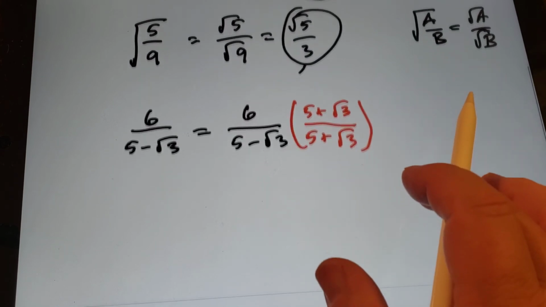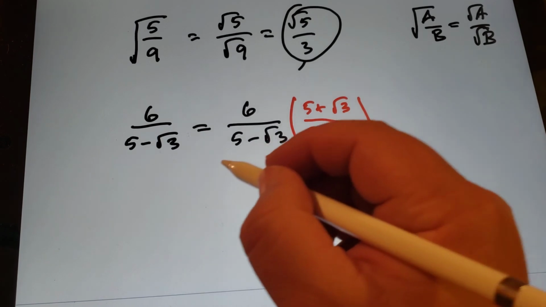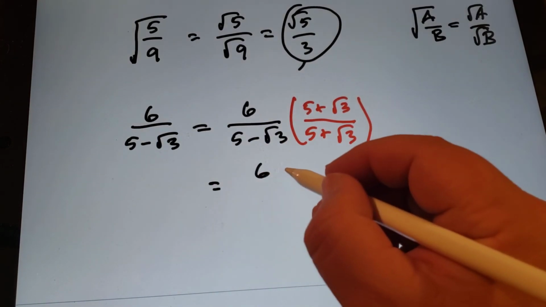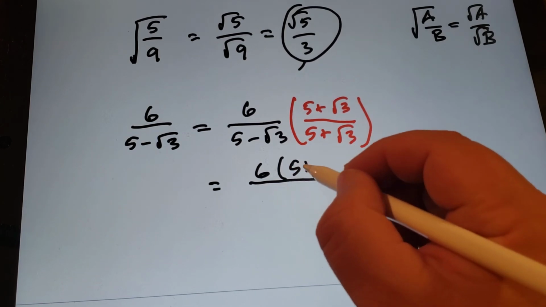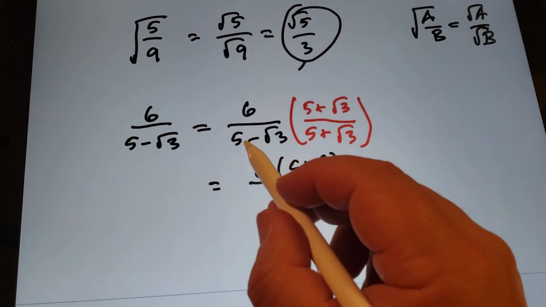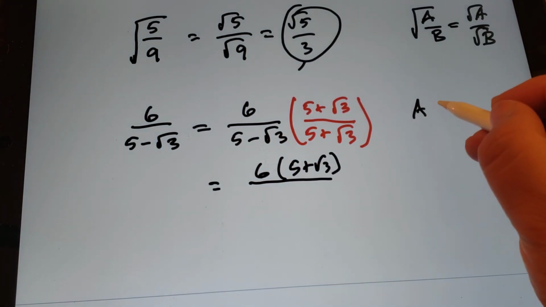All right, why would I multiply top and bottom by the conjugate? It's going to give me on the bottom a difference of squares. And I said there's some algebra behind this.